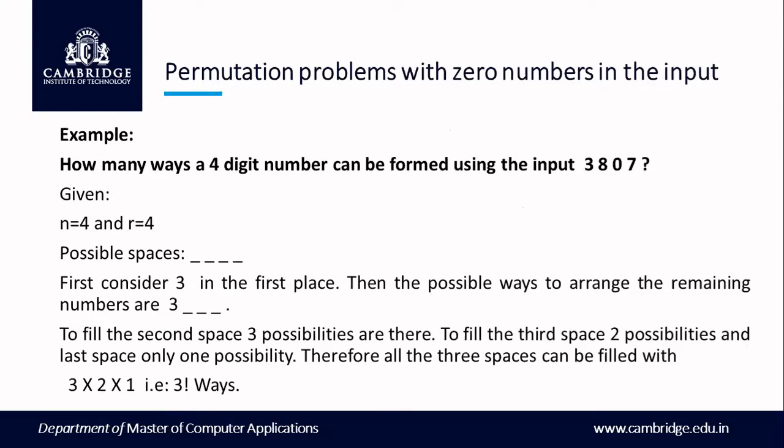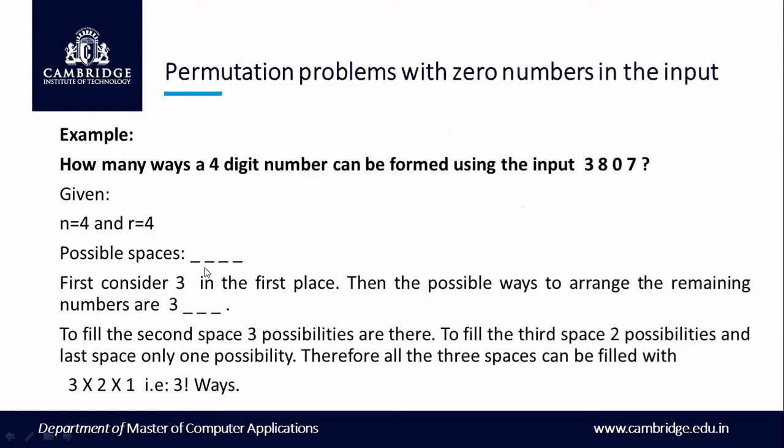The next is a permutation problem with 0 in the input. How many ways can a 4-digit number be formed using the input 3807? So what is asked is, the input is a 4-digit number and they are asking us to find out 4-digit number arrangements. So my n is 4 and my r is also 4.